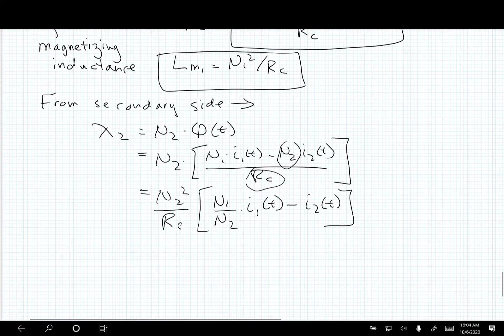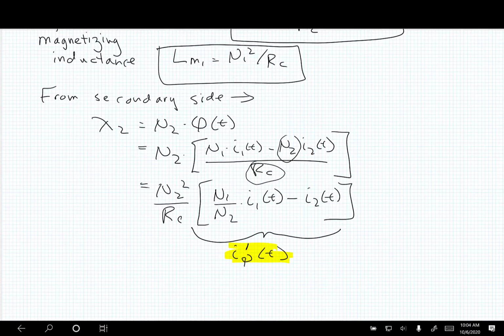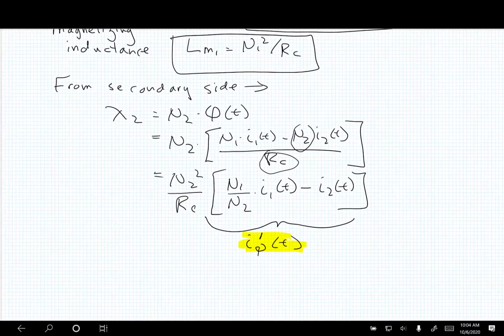Now what I'm going to call this is I prime of the excitation current. Now what do I mean by this?